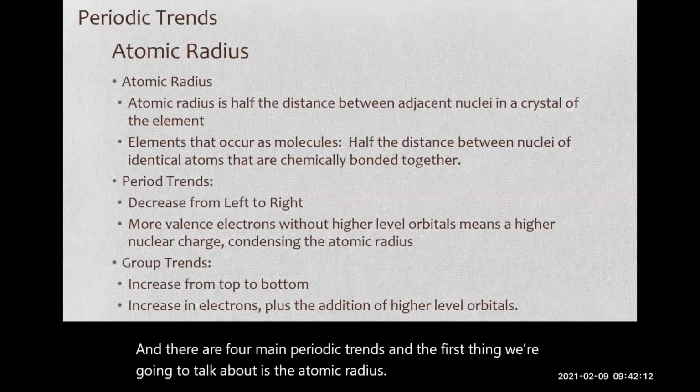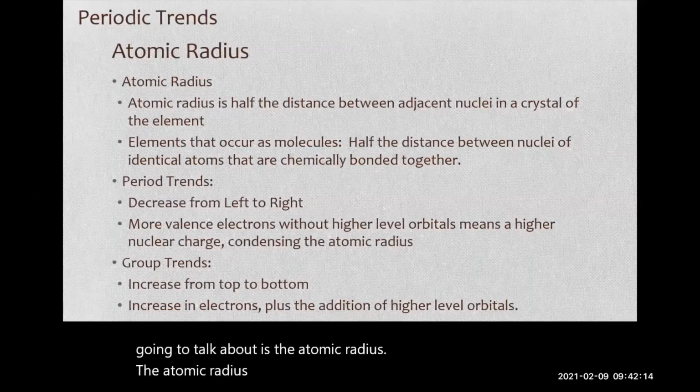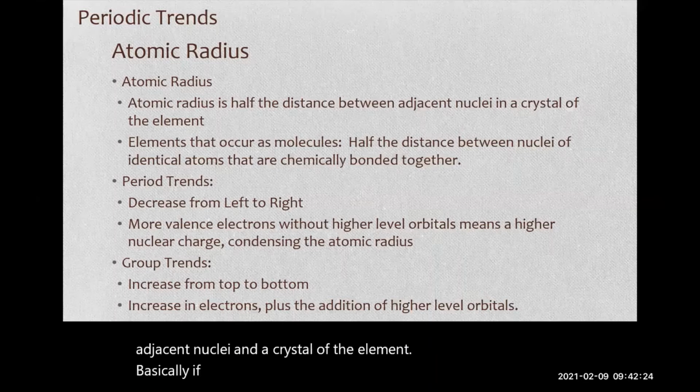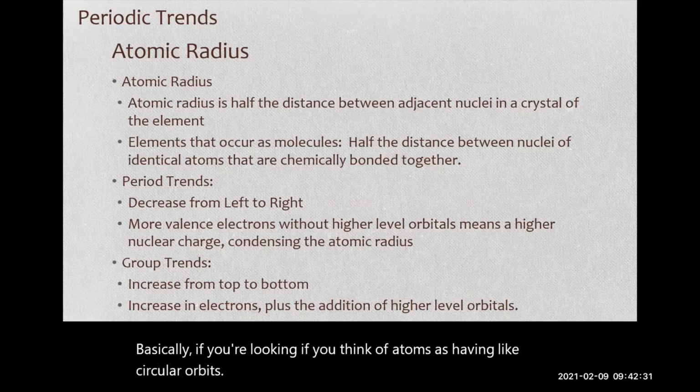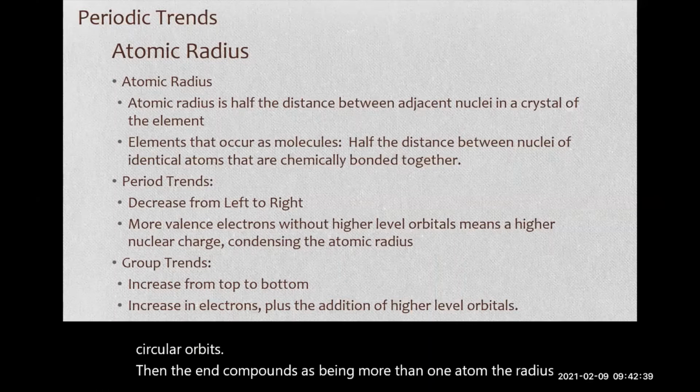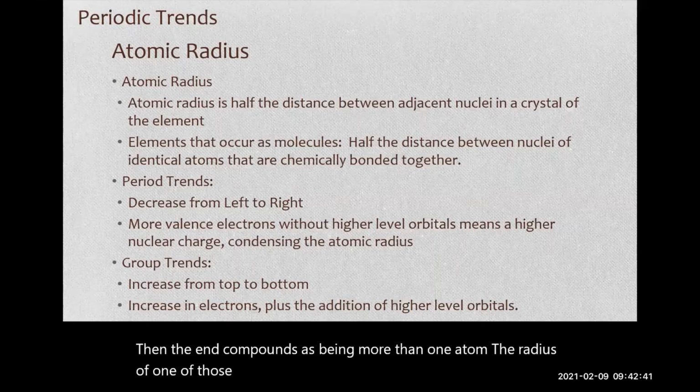The atomic radius, the definition is half the distance between adjacent nuclei in a crystal of the element. Basically, if you think of atoms as having circular orbits, and compounds as being more than one atom, the radius of one of those orbits is going to be your radius.